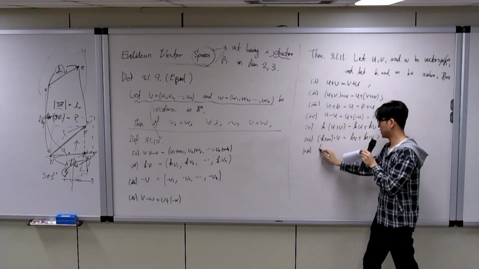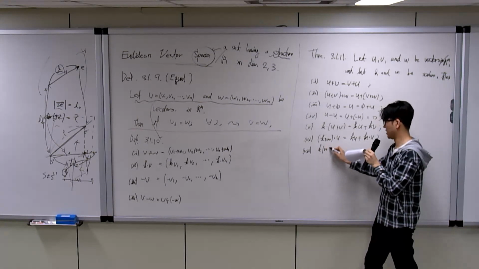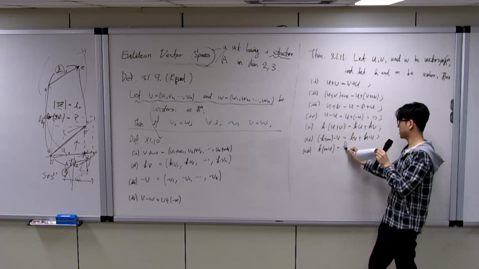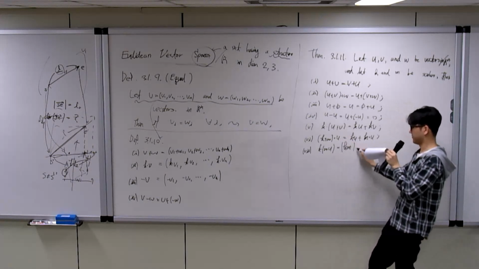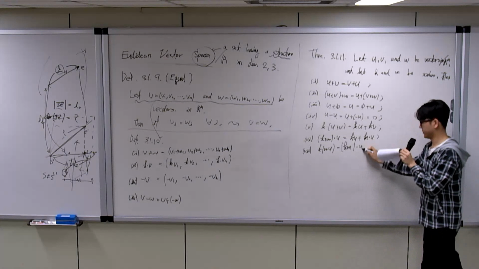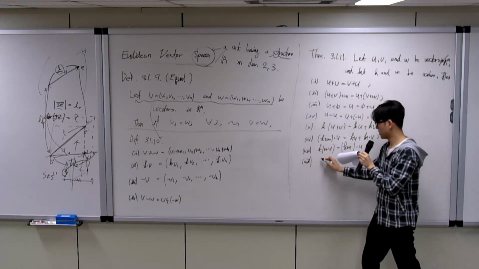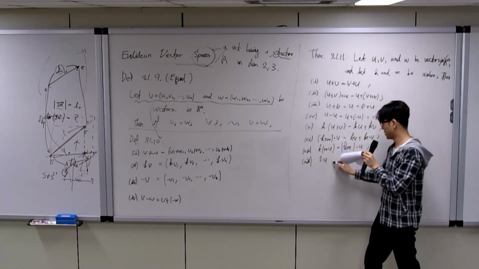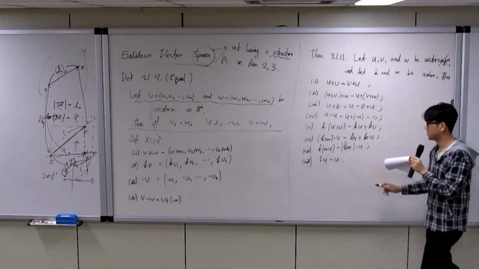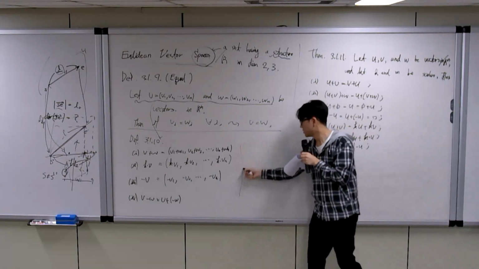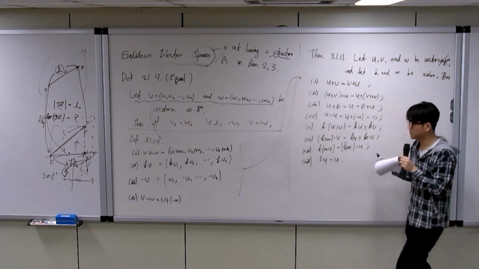So for this reason, we defined the axioms of vector space. And we can check by using this definition. It makes sense.